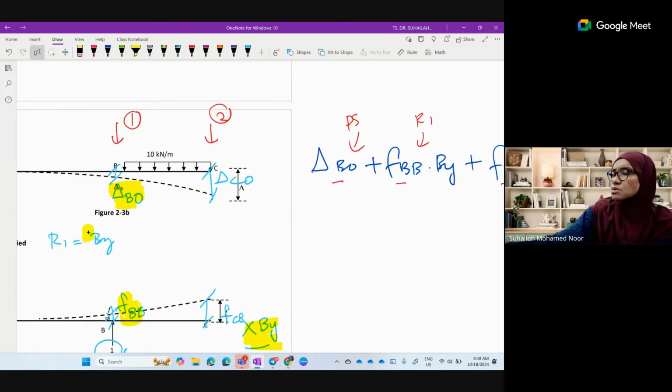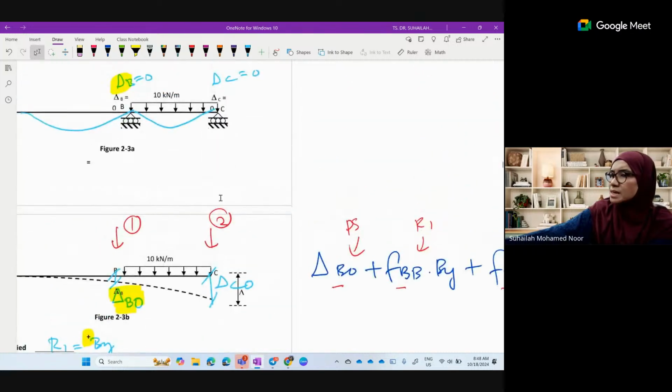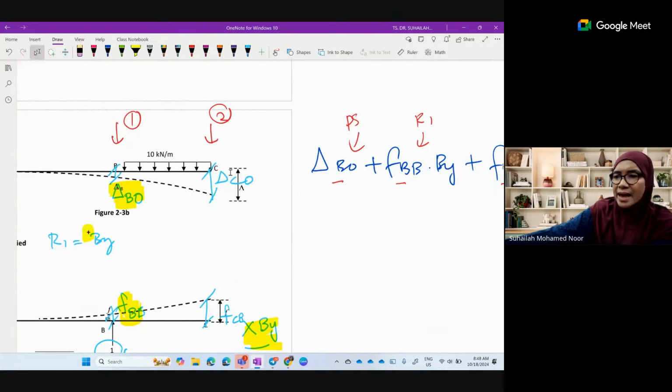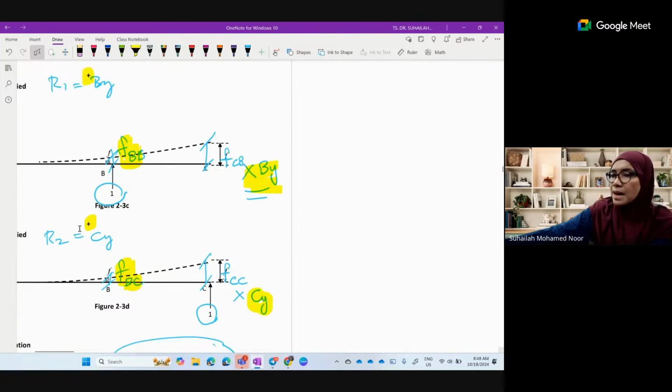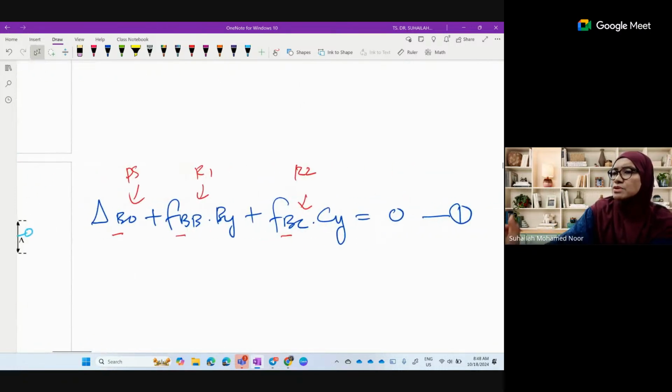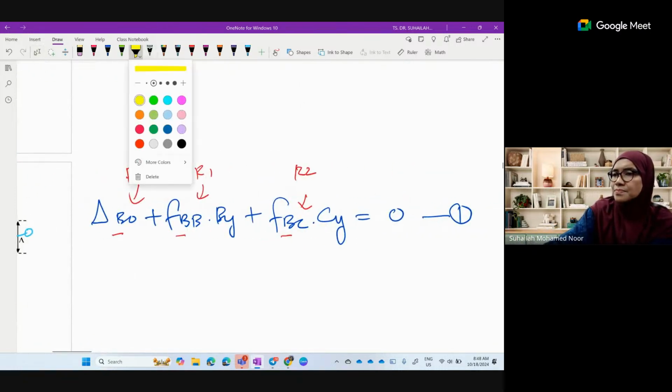Okay, same goes to equation number 2. Equation number 2, tengok semua pada point C. So we have in primary structure delta C naught, right? Delta C naught plus FCB times BY plus FCC times CY. Okay, kita boleh nampak dia punya pair ni, kalau you perasan.